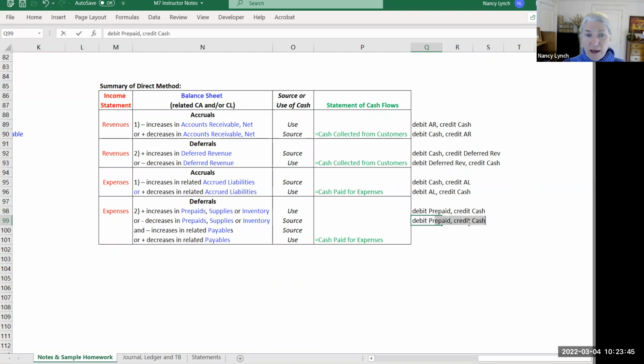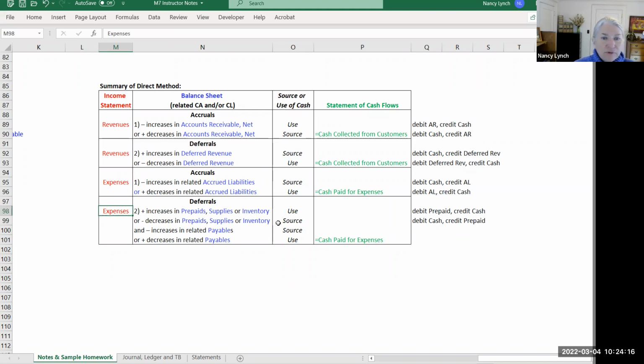If you have a decrease in your prepaid or your supplies or your inventory, it means you're using what you already have instead of using more cash. You're using a current asset rather than the cash. So it's a source of cash. So with expenses, if it's a use, it means we not only paid our expense, but we actually even had to pay more. So our cash paid for expenses is greater.